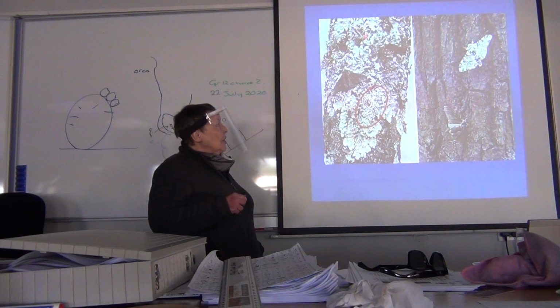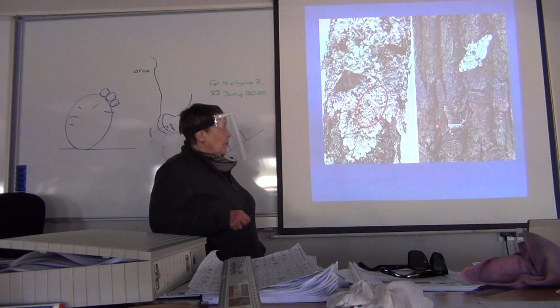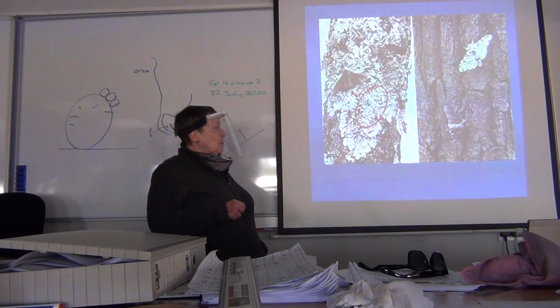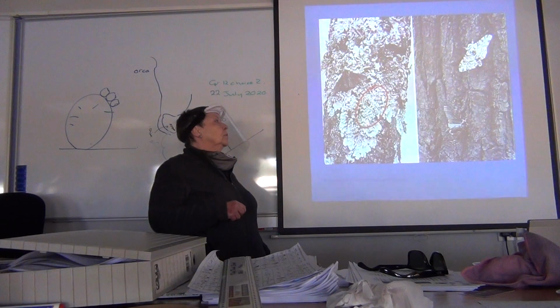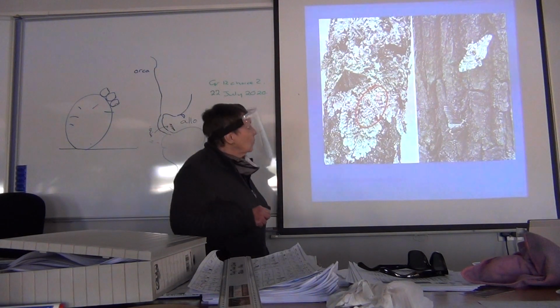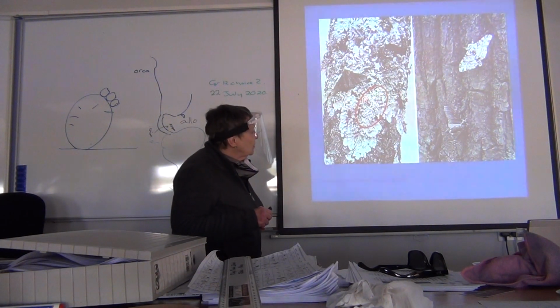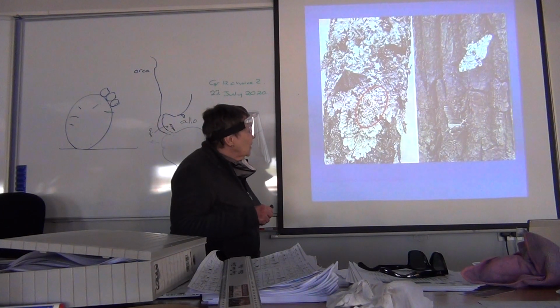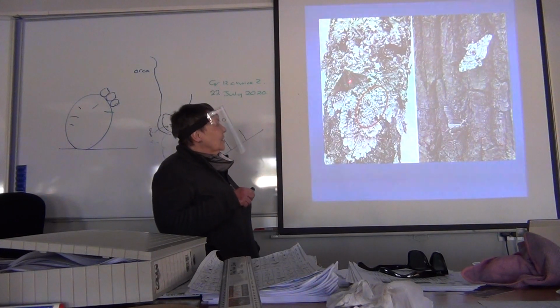And if you look at them on the bark of a tree, here is the speckled one. You used to be able to see it. It was there. There's the body, there's a wing, and there's a wing. And there's the melanistic form.